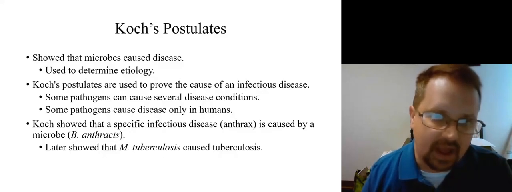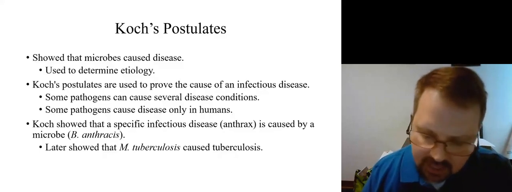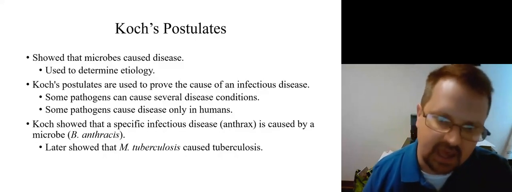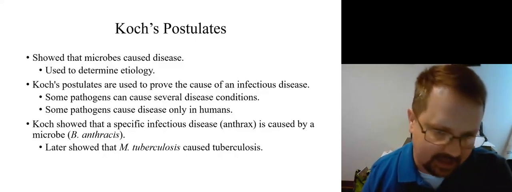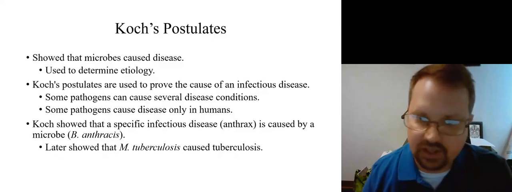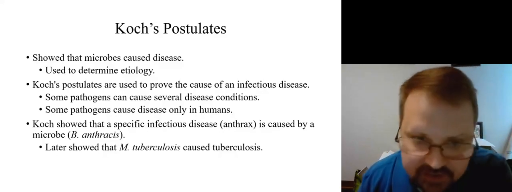We know that some pathogens can cause several conditions. For example, Yersinia pestis can cause bubonic plague, pneumonic plague, and septicemic plague. Some pathogens cause disease only in humans. Some can cause disease only in dogs, for example.